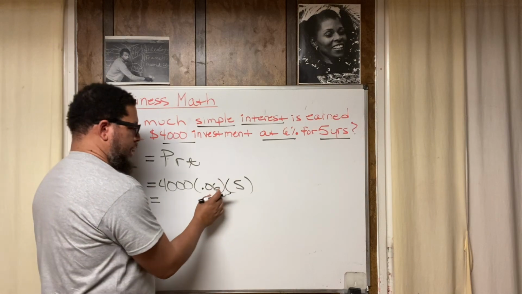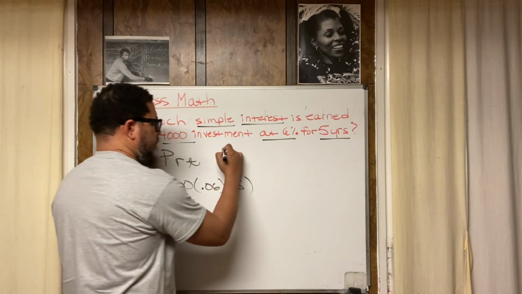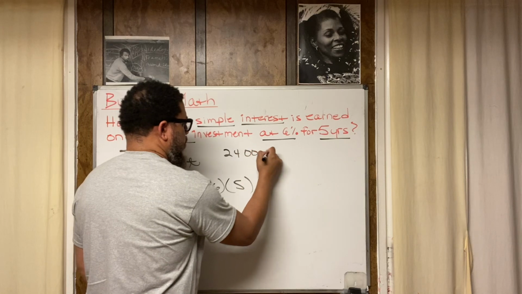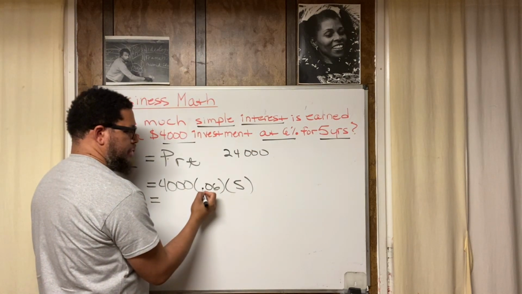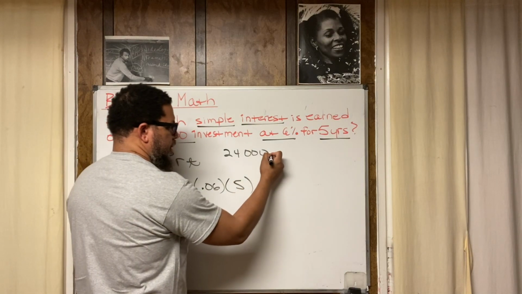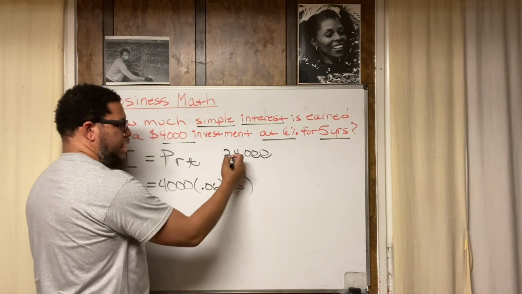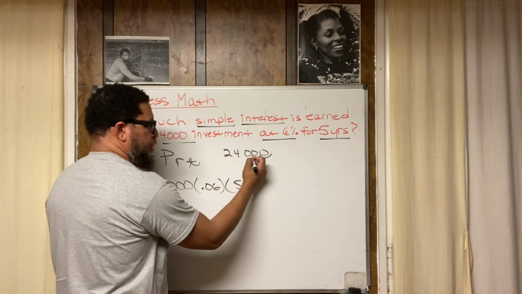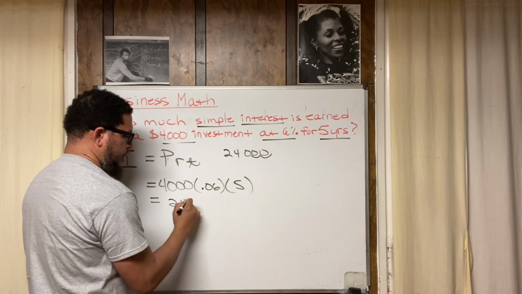But I didn't account for the decimal point being 2 spaces to the left of the 6. So this is the invisible decimal point out here. Move it 2 spaces over. That would be 240.00, 240. All right. So that's going to be 240.